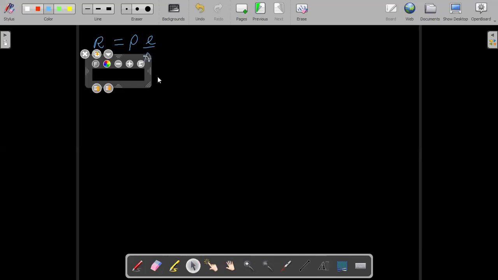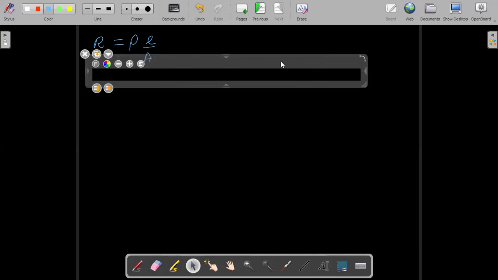So we define it like this. We say that resistivity is the resistance of a wire of unit length and unit area of cross section.